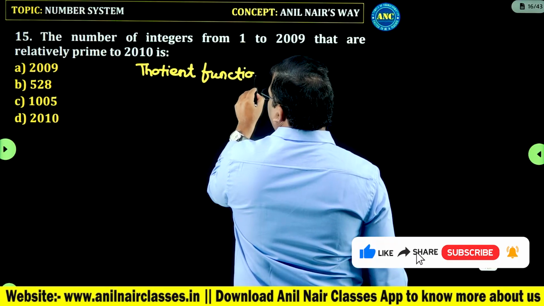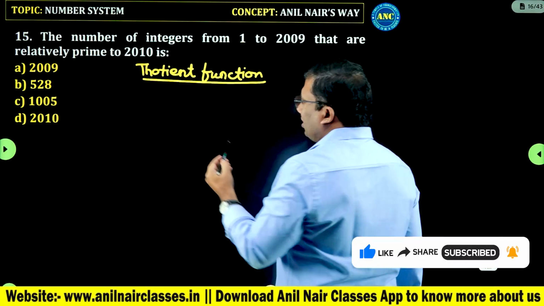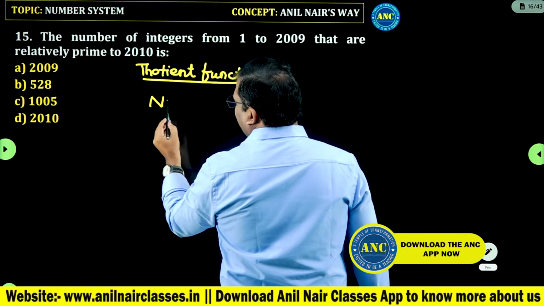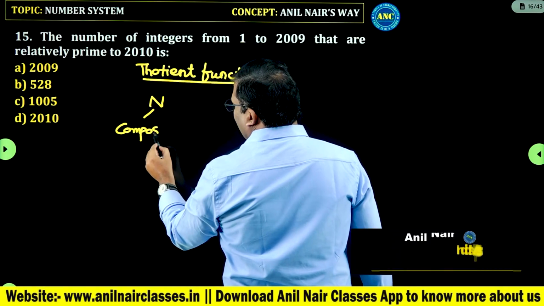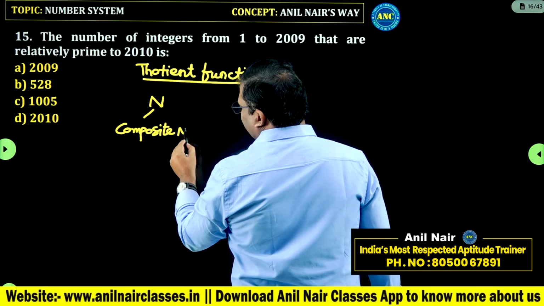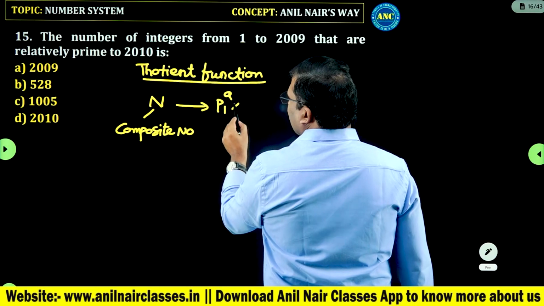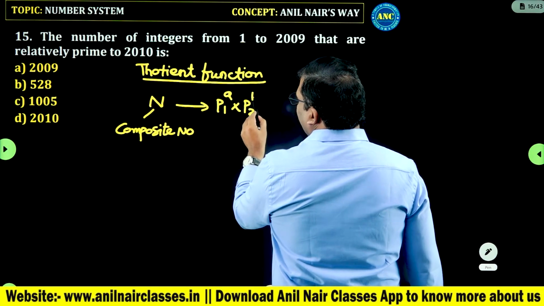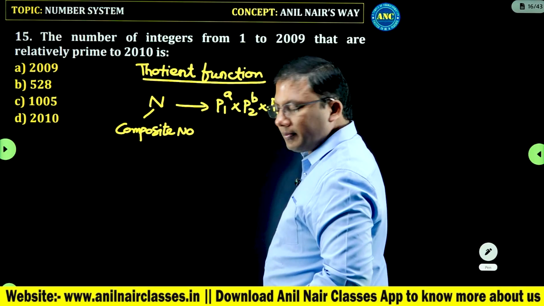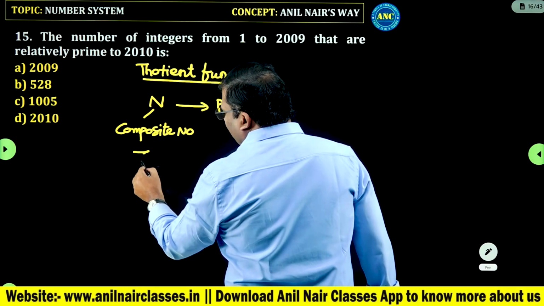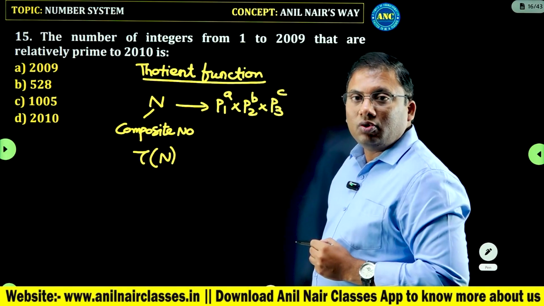Quotient function says if n is a composite number, write this number as a power of prime basis, P1 power A into P2 power B into P3 power C. This is tau of n.